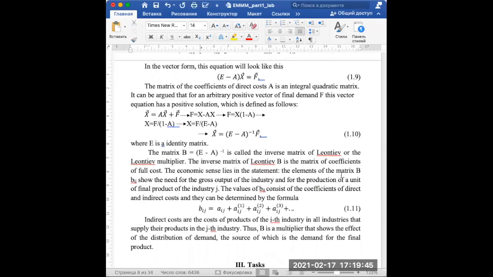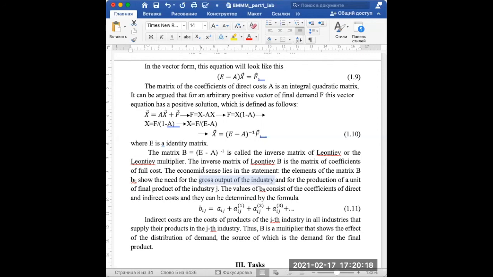All elements of the matrix B show the need for the gross output of the industry for the production of a unit of final product of industry j. When we talk about full cost, we talk about the full or gross outputs which we need to produce if we want to sell not only to our final consumers but also to other branches.